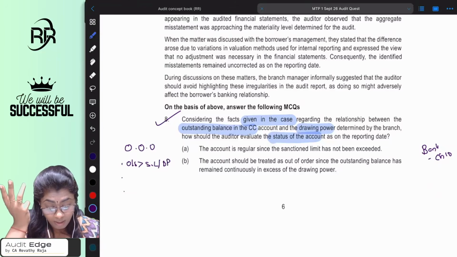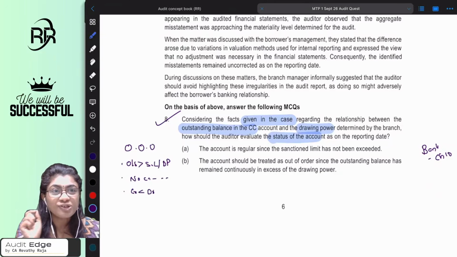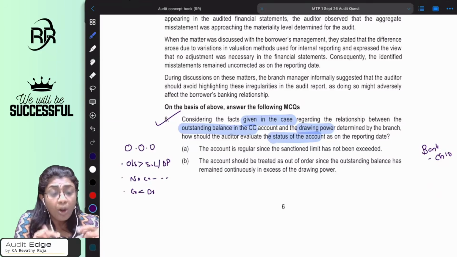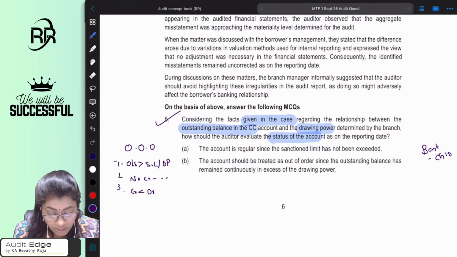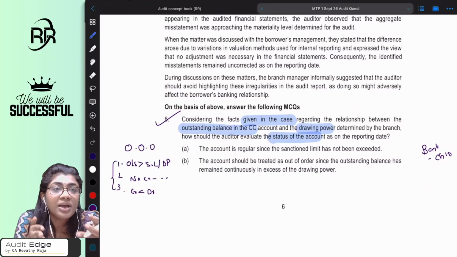Second case, no credits at all for 90 days as on 31st March. Then credit is there, but not even sufficient to meet the interest debited. Either of these three cases, it will be deemed as out of order.